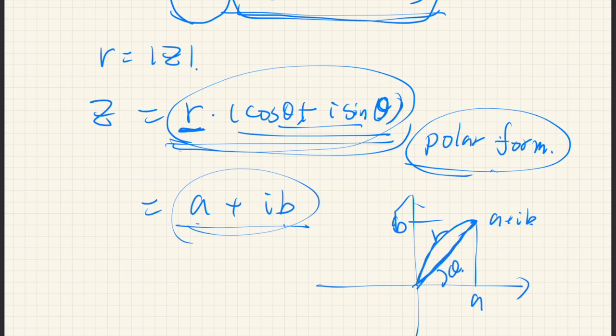So there are two ways to express the same thing, either by coordinates or by distance and angle. Okay, let's see a few examples. Suppose we have z equals square root of 6 plus square root of 2 i. So this is the real part, and this is the imaginary part.